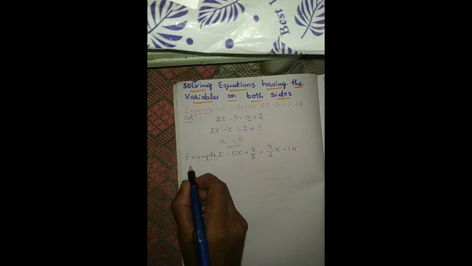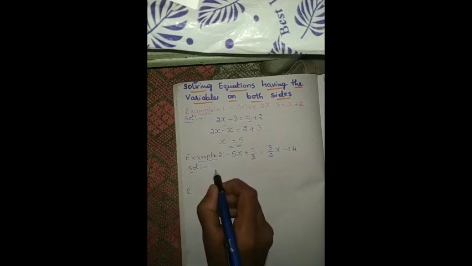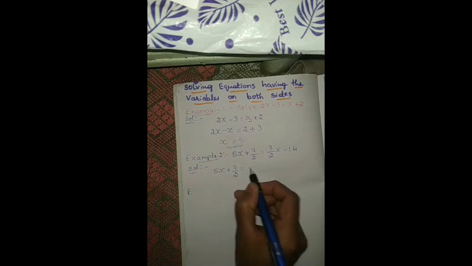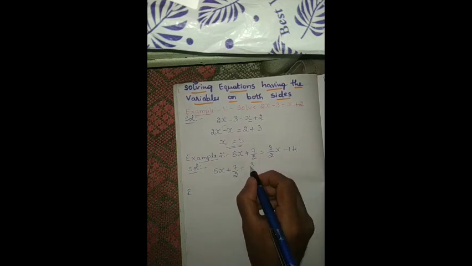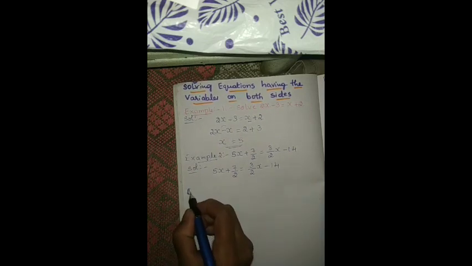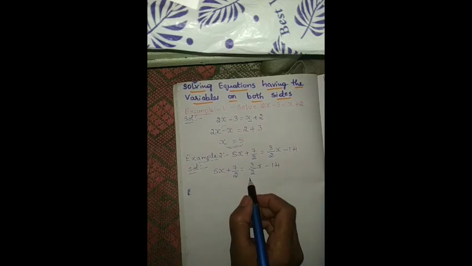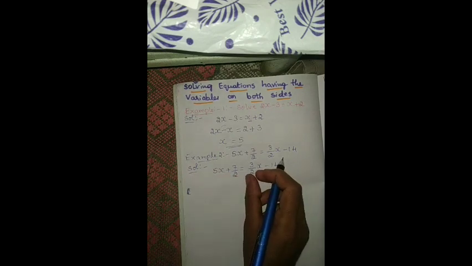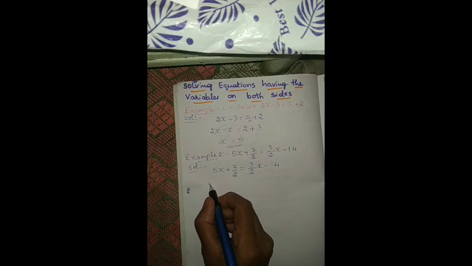Okay. Let us start the solution. Let us take down the sum again first. 5x plus 7 by 2 is equal to 3 by 2x minus 14. Now, here we have to bring the terms along with the variables. So, let us do that now.